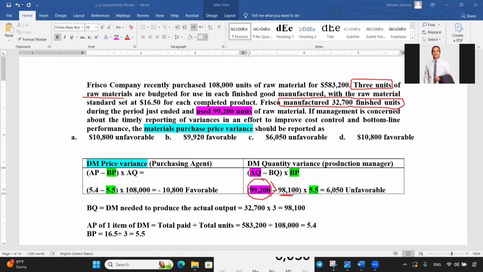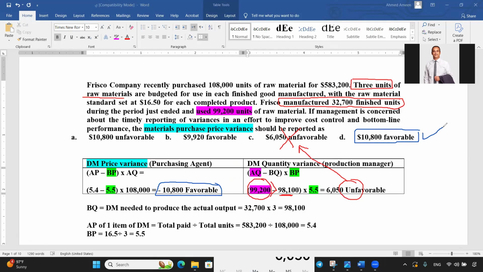I used material greater than budgeted, so it will be an unfavorable variance. You have to think that this amount is given in the answers. Of course, it is not the answer, as we have solved this question as 10,800 favorable variance, which is the correct one.